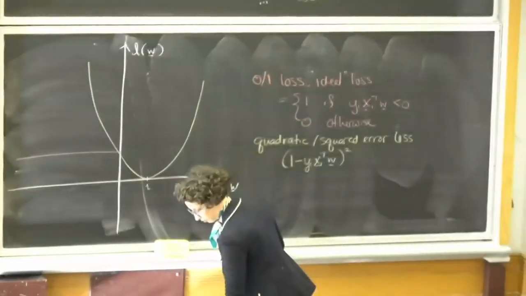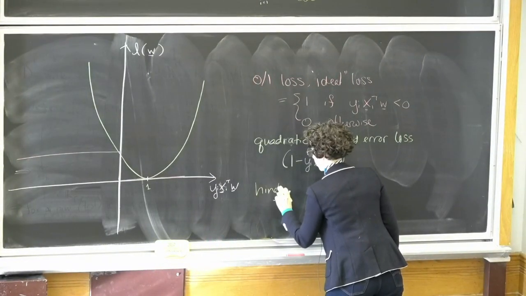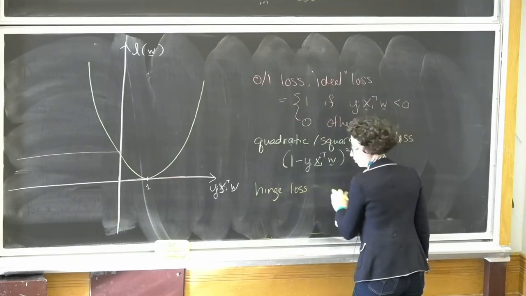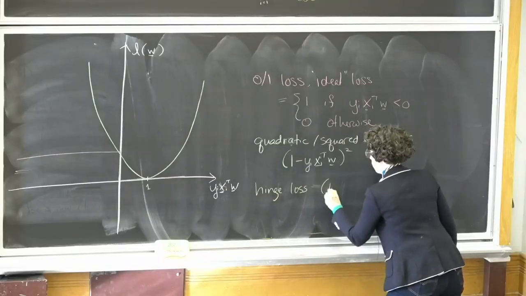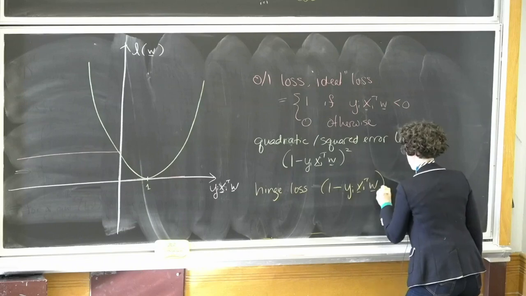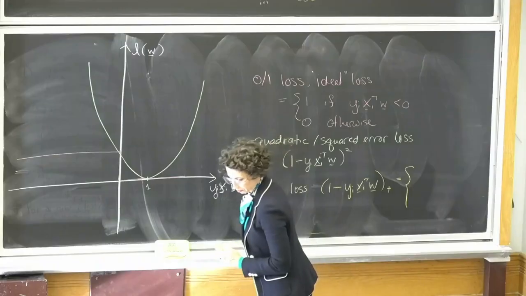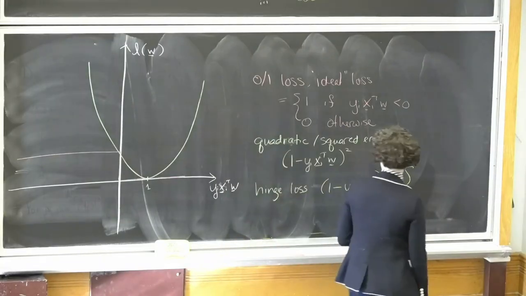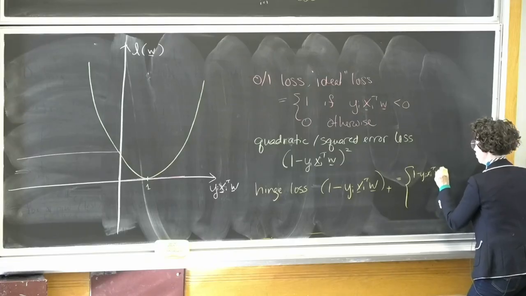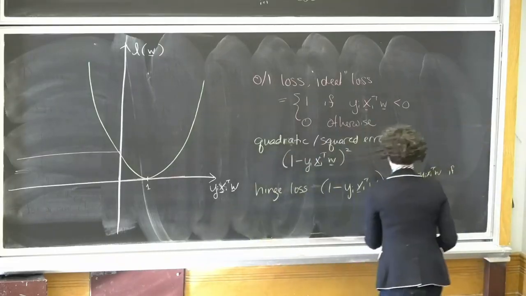Okay, so then we can also consider the hinge loss. And the hinge loss is just going to compute for us 1 minus y_i x_i transpose w, positive part.